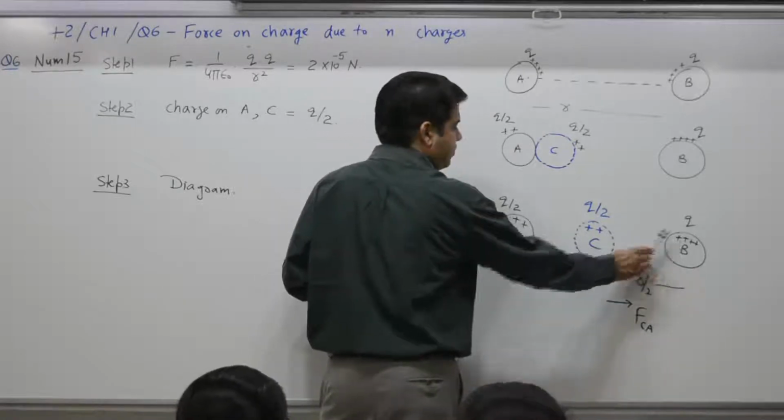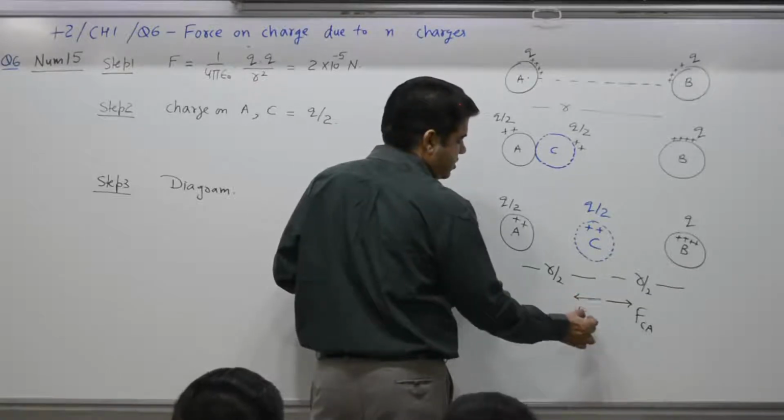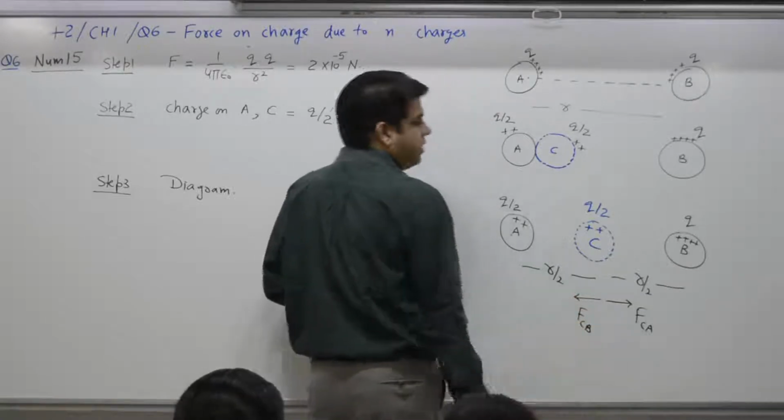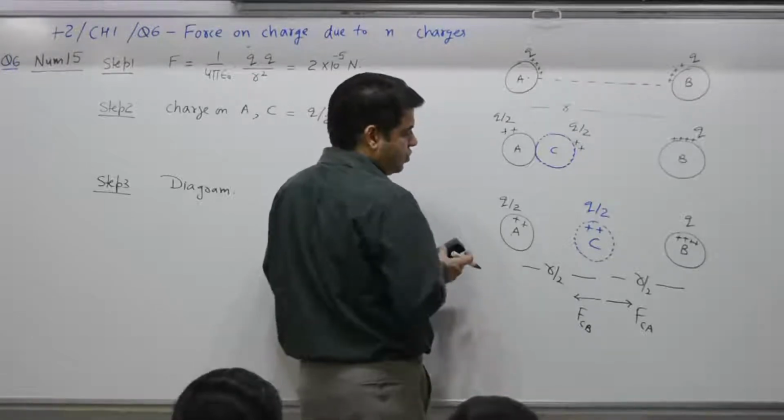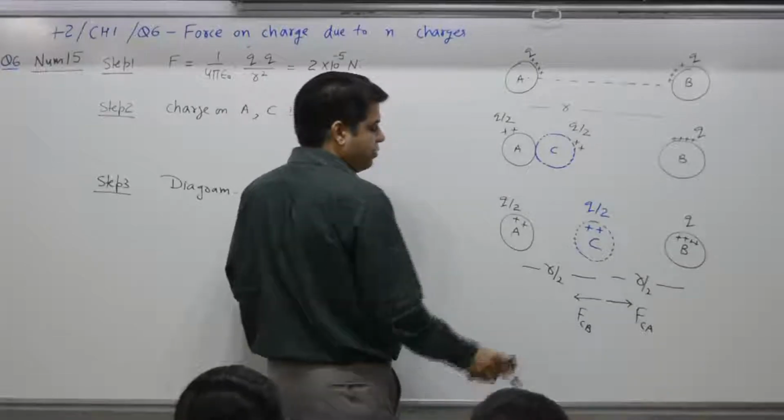What about this one? Positive will also repel. Force on C due to B. Which of the two is more? Yes, this force due to B is more.